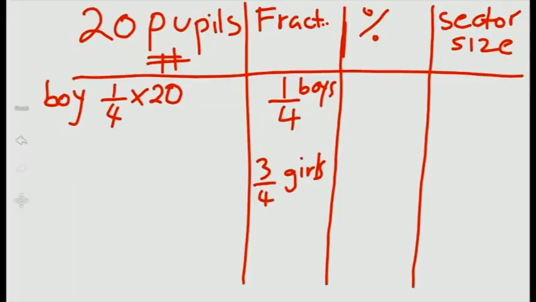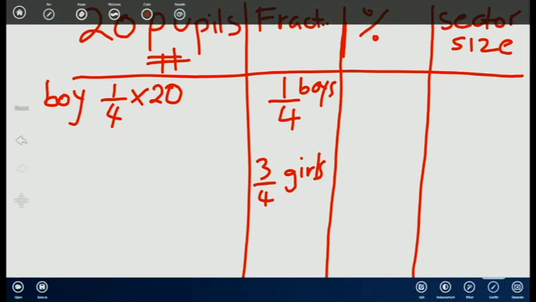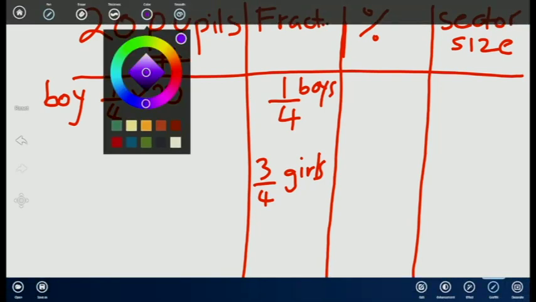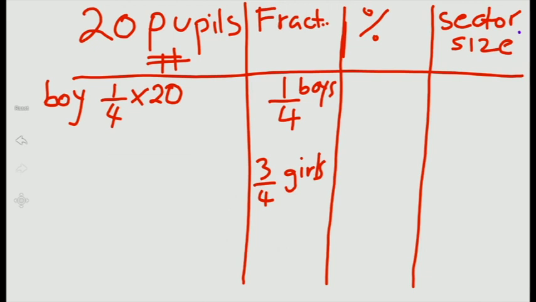So we're going to say 1 over 4, which is a quarter of the total number, which is 20. You say how many 4s here? 1. How many 4s here? There are 5. 5 times this 1 above gives us 5. So the answer is 5 boys.